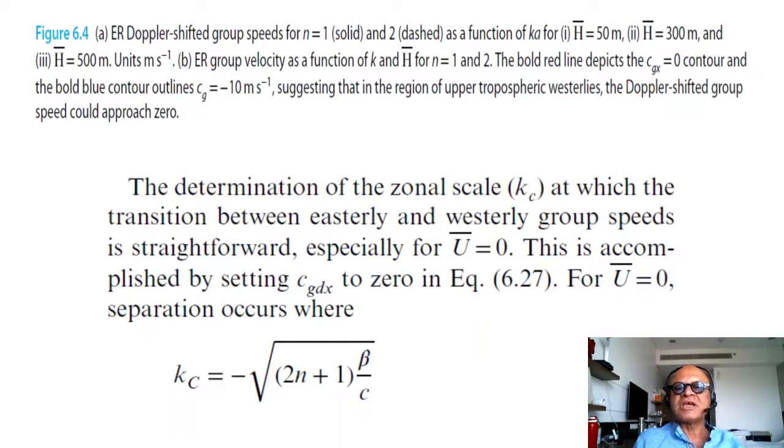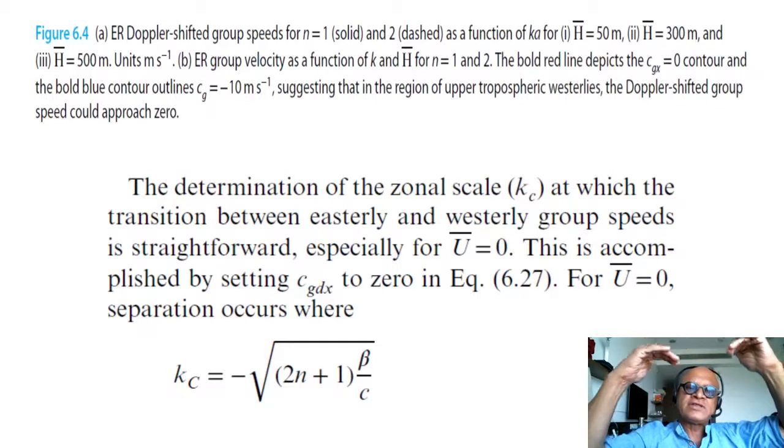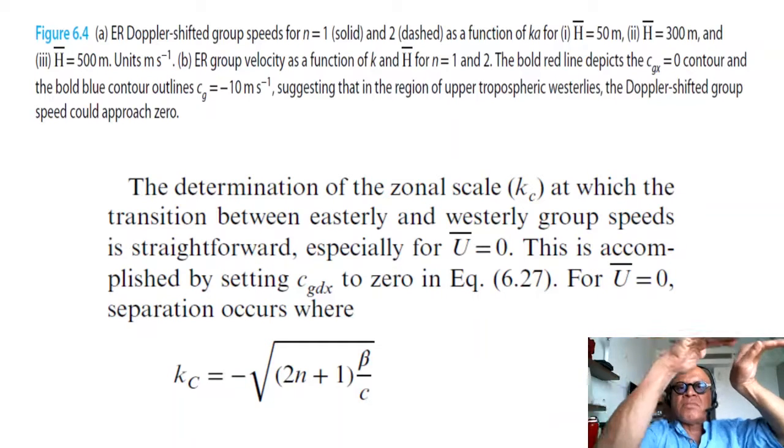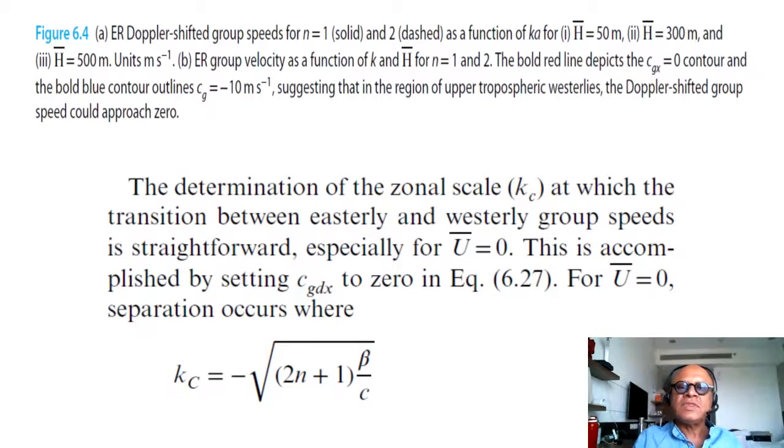westward 10 meters per second, suggesting that in the region of upper tropospheric westerlies, we will see that in a minute, when the upper tropospheric winds in the tropics have westerlies and you have group velocity also westerly, minus 10 per second, Doppler shifted group speed could approach 0.